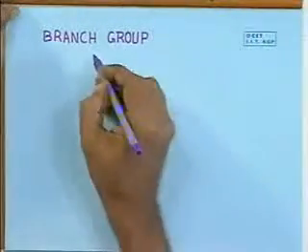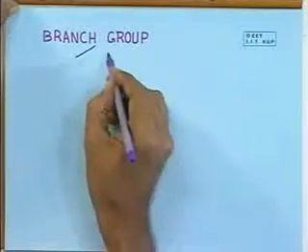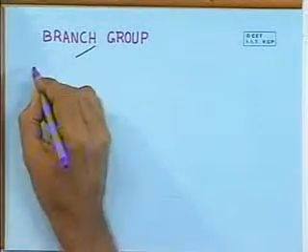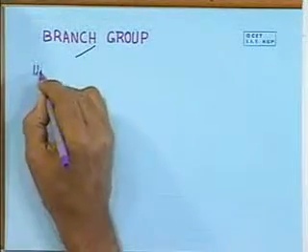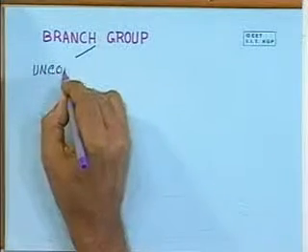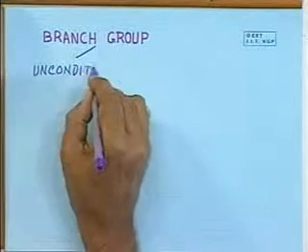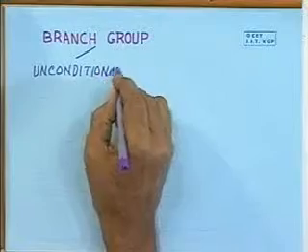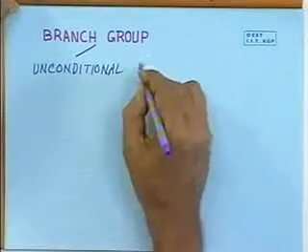As I told, the branch group can be broadly divided into two types: one is unconditional and another is conditional.